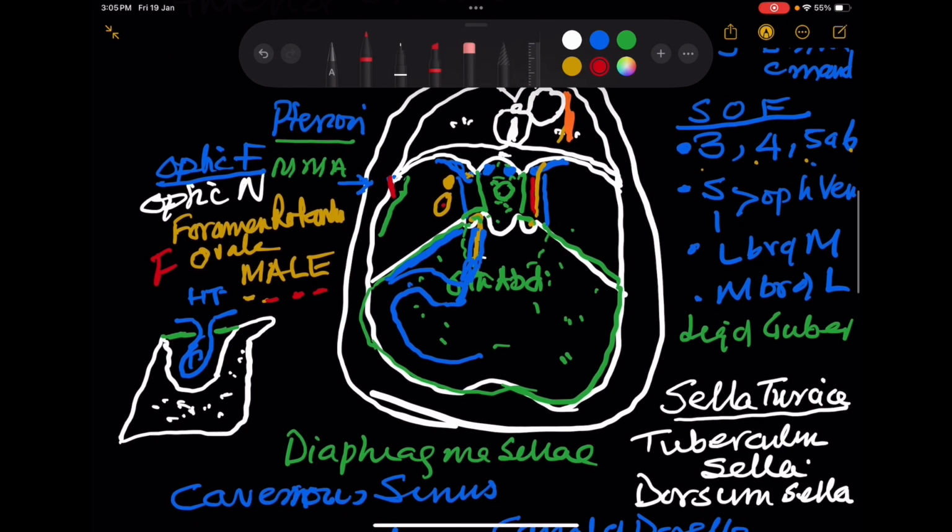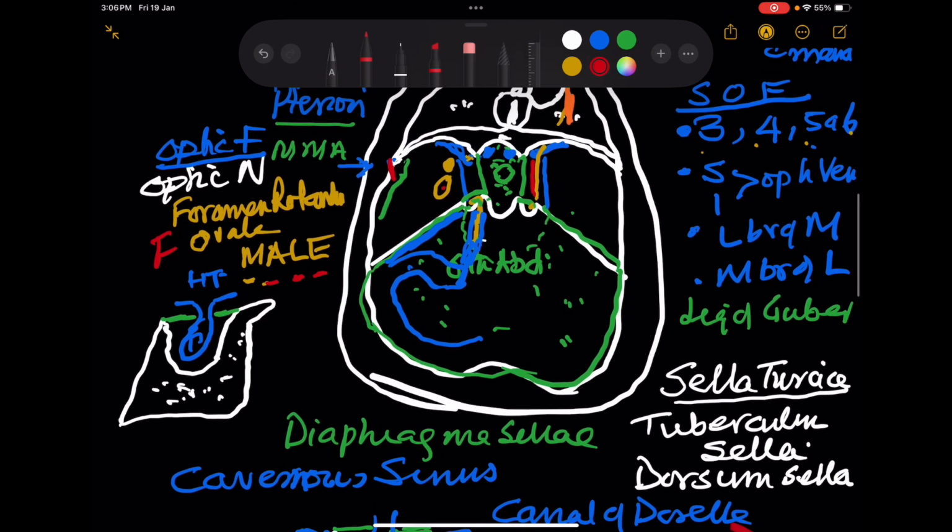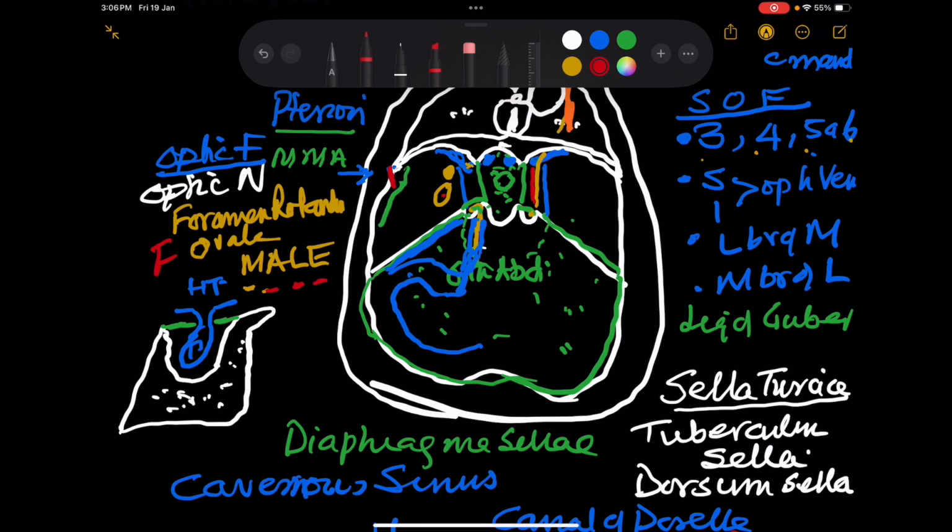All right. Now, in this, the most important thing is the lesser superficial petrosal nerve. Then there is another foramen just behind this, which is foramen spinosum.